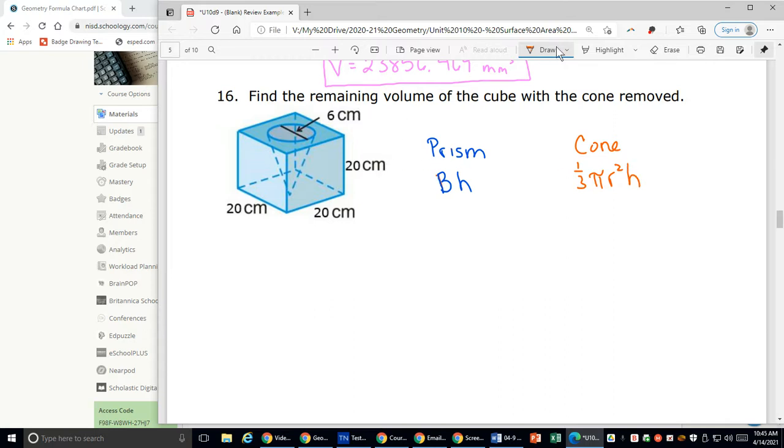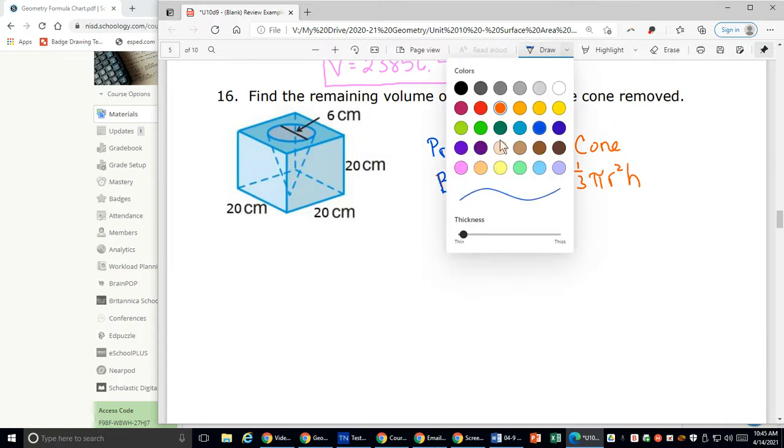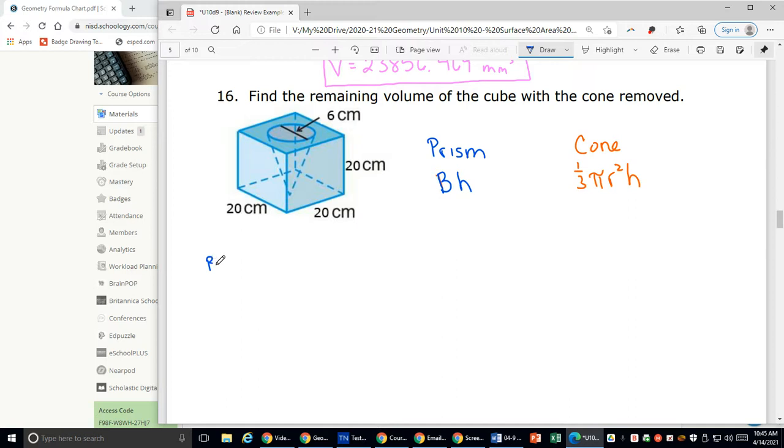All right, so for my prism, remember the first thing I like to do is I always look at my base and find its perimeter and its area. The base is a rectangle. Or actually, it's a square. It's 20 by 20. So my perimeter is 20 plus 20 plus 20 plus 20, or 20 4 times.